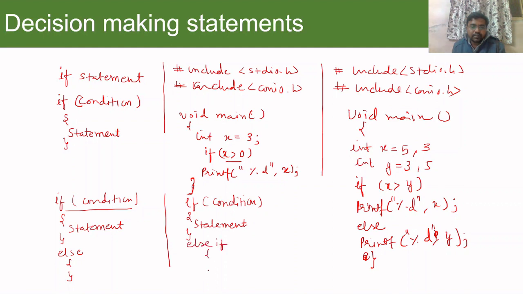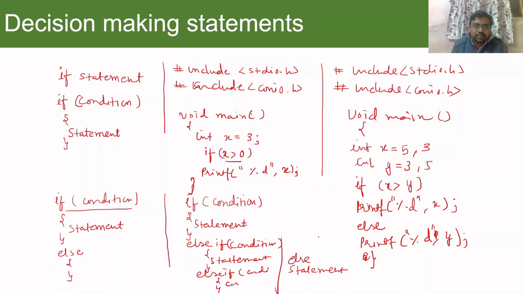You can put a condition here, and then your statement will be here. Then again you can use else if as many times as you want, but in last you have to use else, and then some statement. So this you can understand with one example.